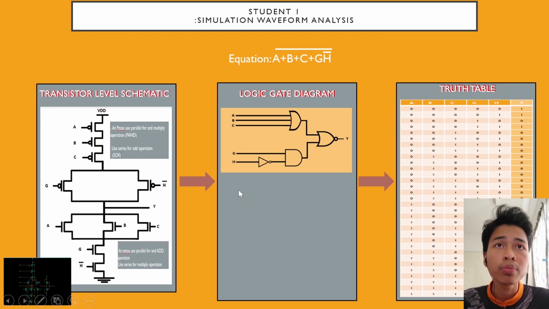To do a waveform, firstly we can do the logic gate diagram, which is created from the same equation. Then we create the truth table. For the logic gate diagram, the input for ABC will be connected to the OR gate, and the GH will be connected to the AND gate, and then the Y will be like this.